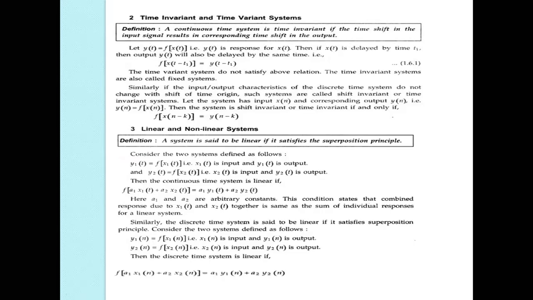If the system is time variant, it does not satisfy the above relation. The input is delayed, the output is not delayed in the same way, then that system is a time variant system. What is the equation? The function of x of t minus t1 is equal to y of t minus t1.